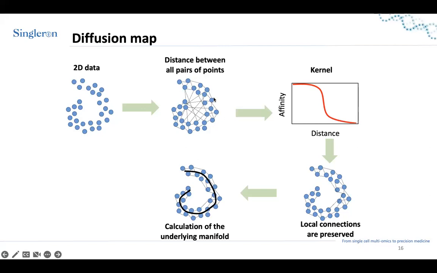After you obtain that distance matrix, you apply a kernel that basically sets a threshold on the distance: distances that are shorter than a certain threshold are considered to have high affinity, while distances that are longer than the threshold are considered to have very low affinity or low probability.